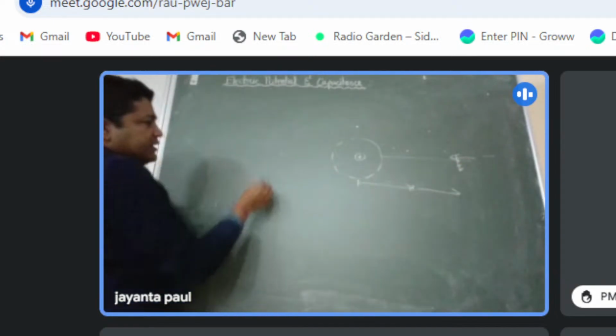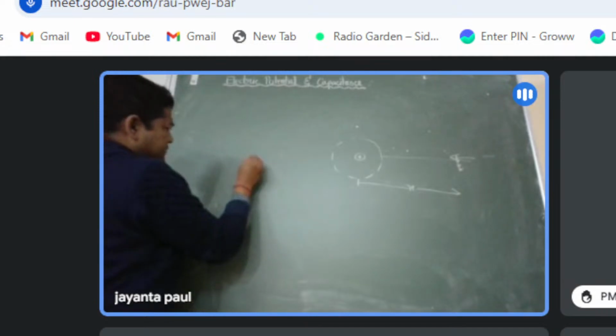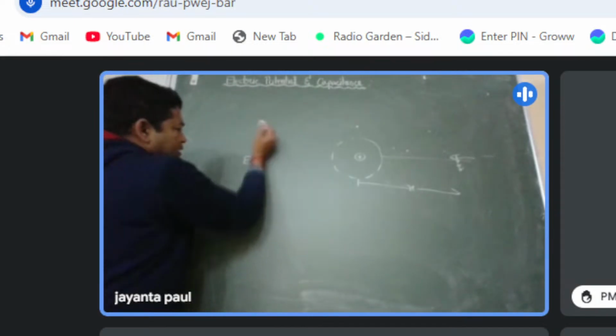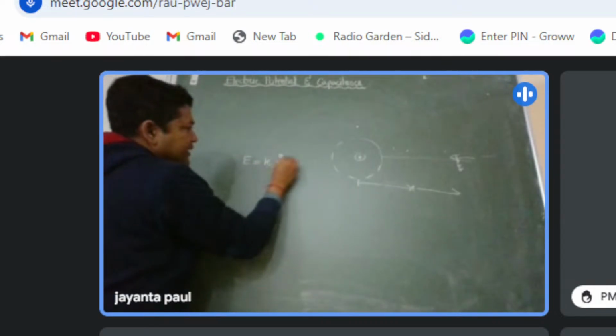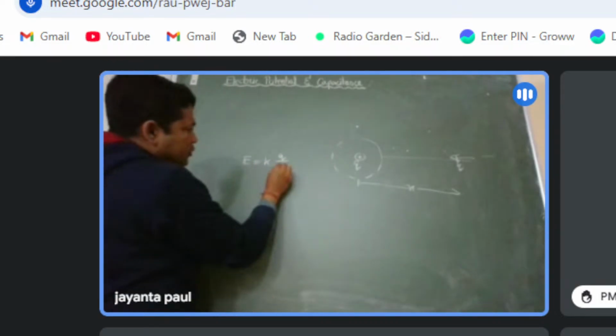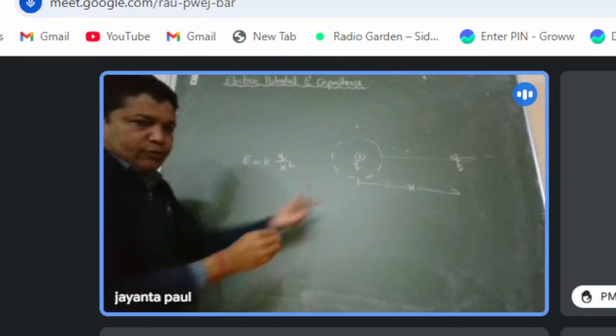At that point the electric field intensity, if this charge is q, as you all know, is k q by x square.